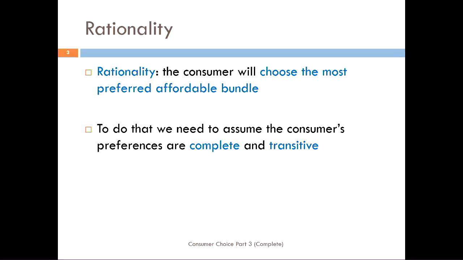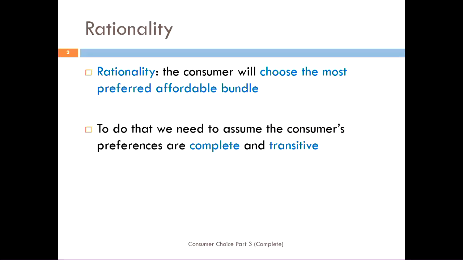Okay? That is, you should know your taste, what you like, right? If you don't know which ones you prefer, how are you going to choose the most preferred one? Right? So we need completeness.